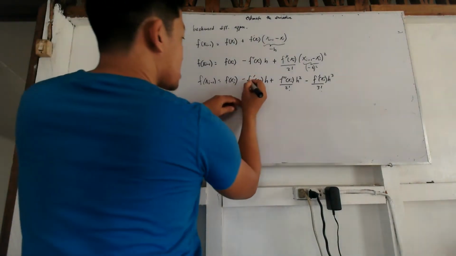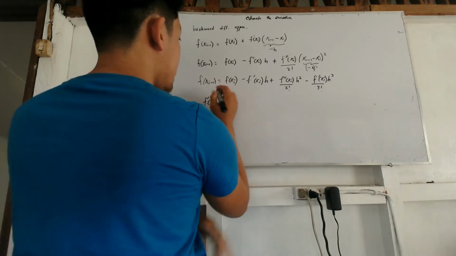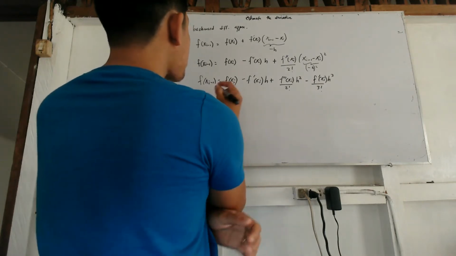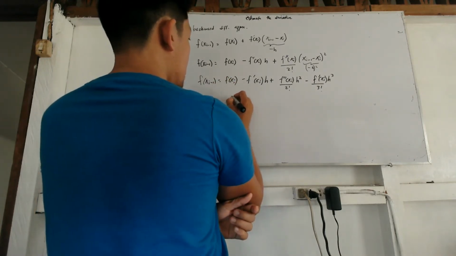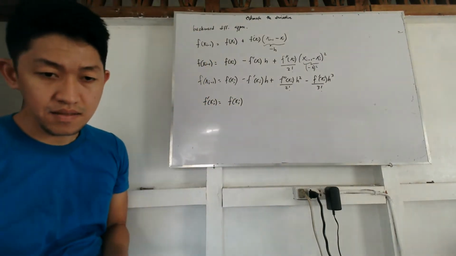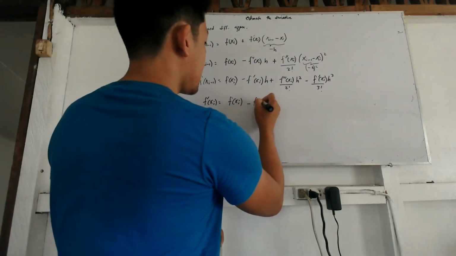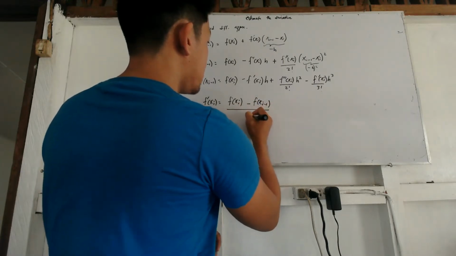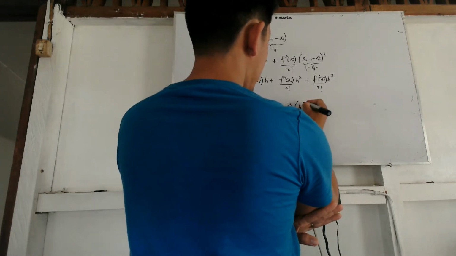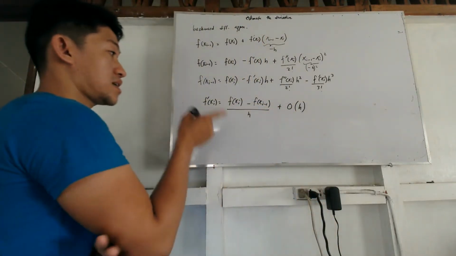And then, we transfer this one to the left side. You have f prime of xi equal to f of xi minus f of xi minus 1 over h, and then plus O for error, truncation error, times h.